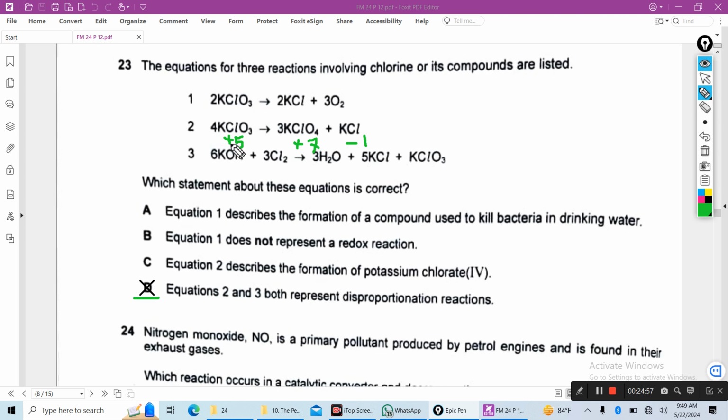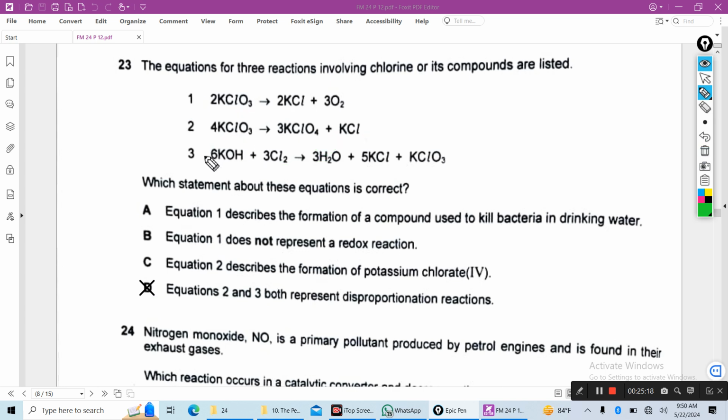So in equation 2, chlorine goes from +5 to +7, so it is oxidized, and the same chlorine is reduced from +5 to 0. So reaction 2 is a disproportionation reaction.